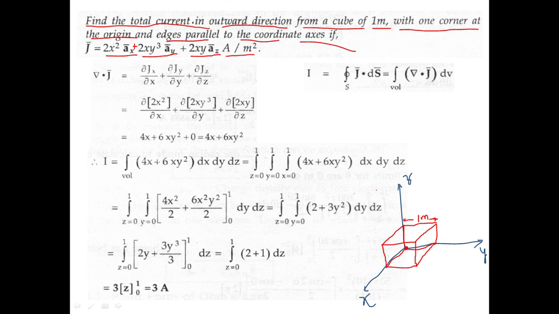So now we have to calculate, the j vector is given, so we have to calculate what is the current coming out of this surface. Since it has ax, ay, az, all the coordinates, it will have current in all the three directions, right? So this is what we have to calculate.